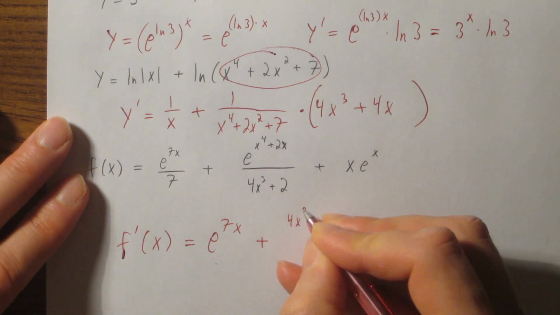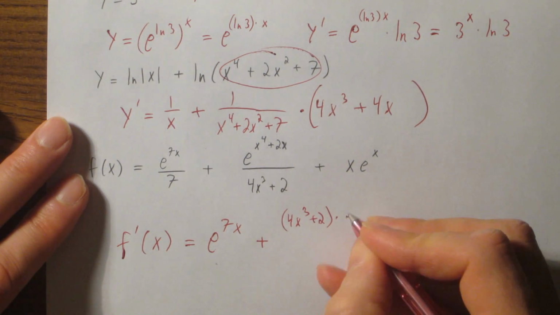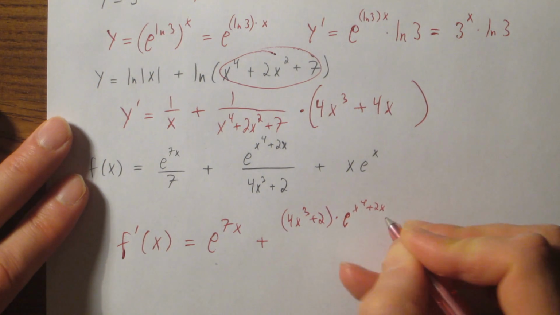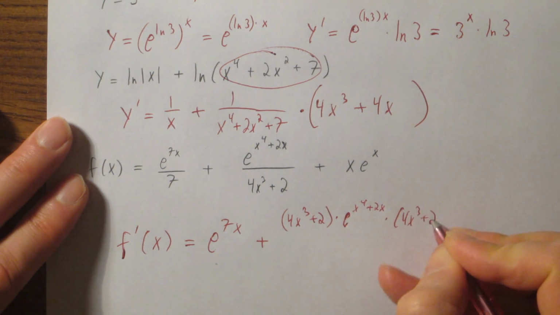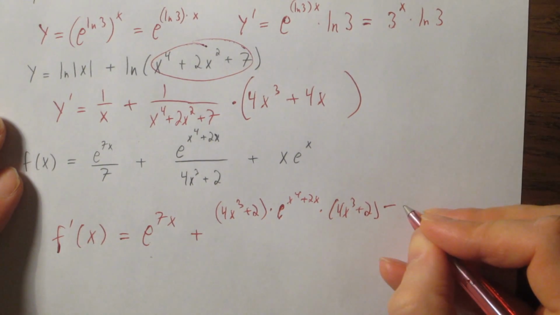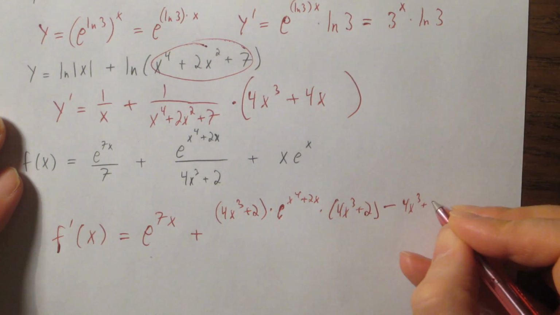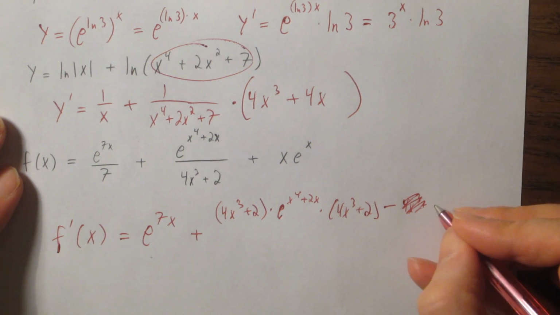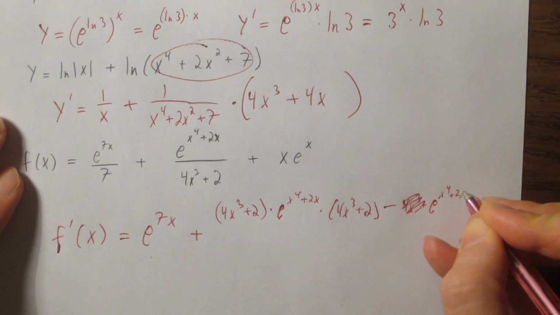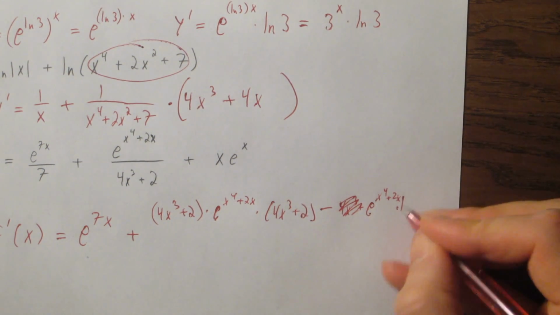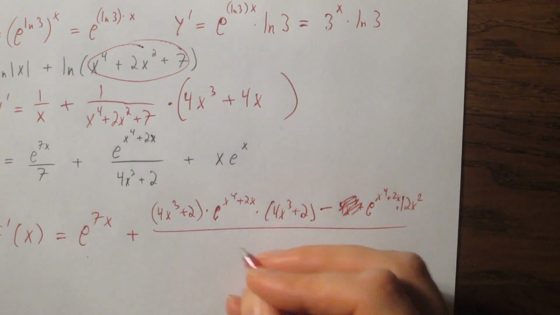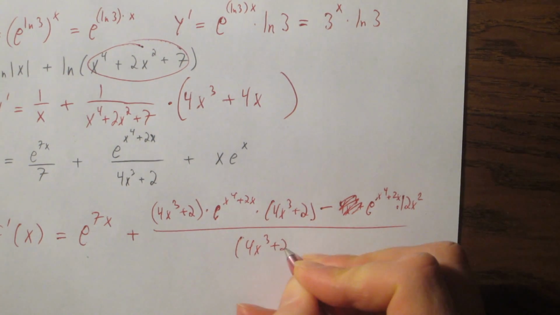So you take the bottom function times the top function's derivative minus the top function, sorry, times the bottom function's derivative, all divided by the bottom function squared.